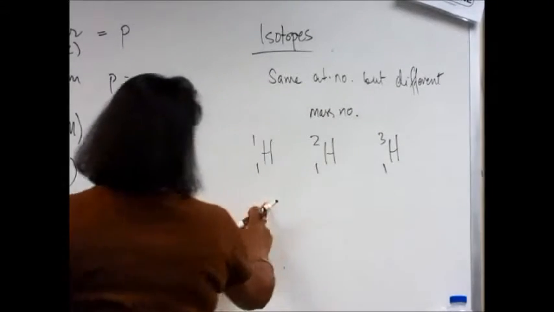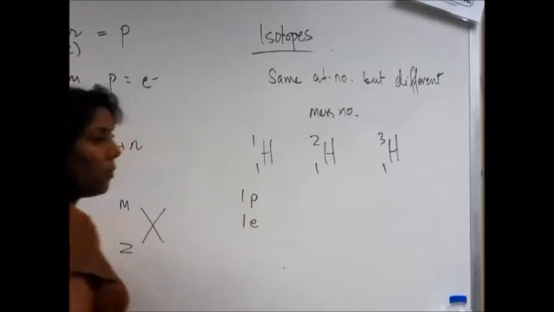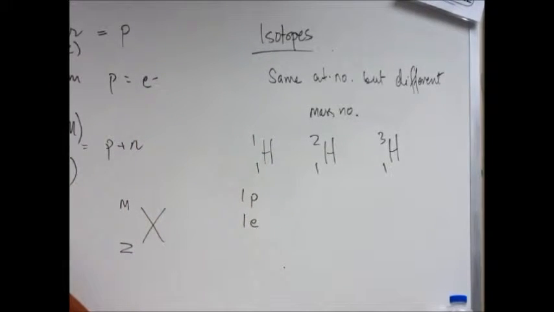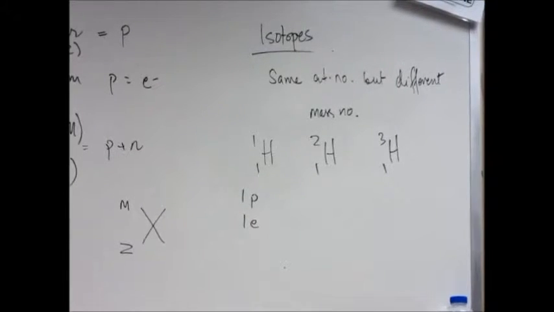For hydrogen-1, we have 1 proton, 1 electron. Any neutrons? Anyone? No? Shouldn't take you too long to think about this. What's the mass number here?